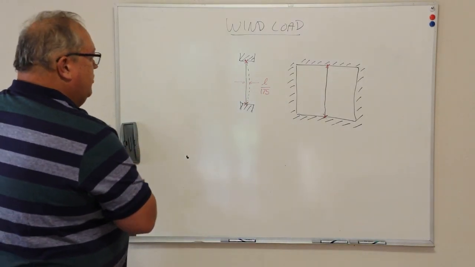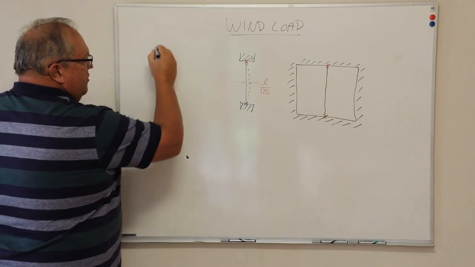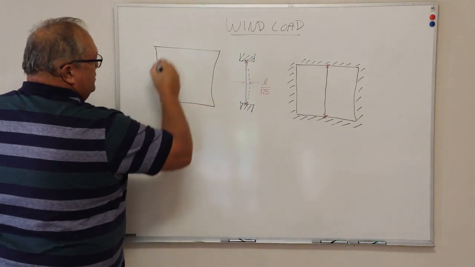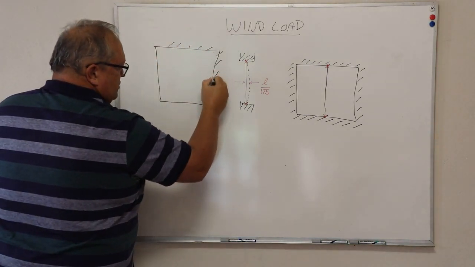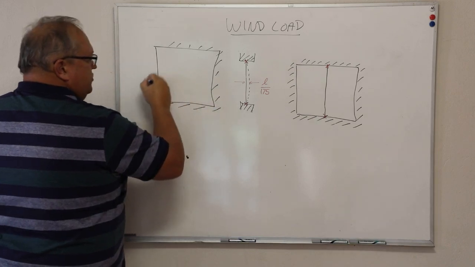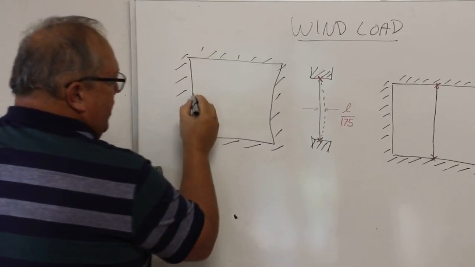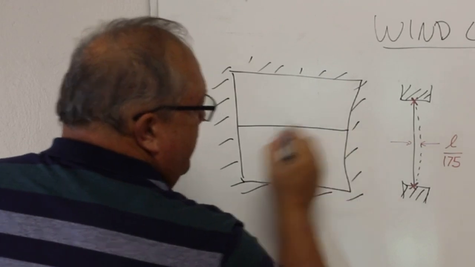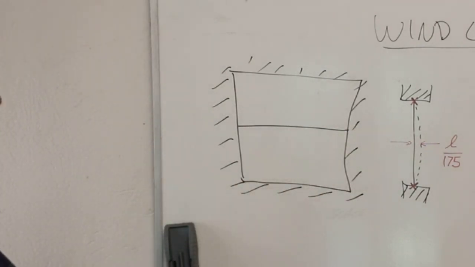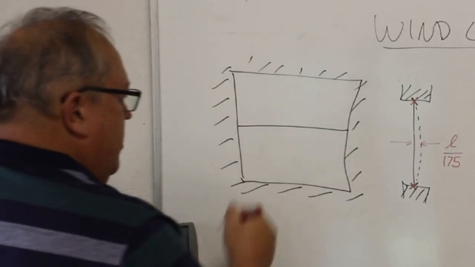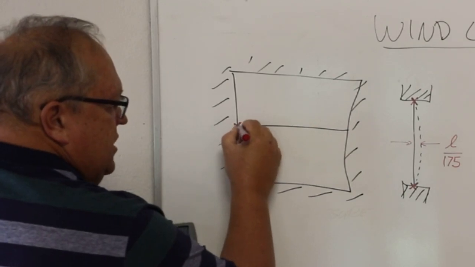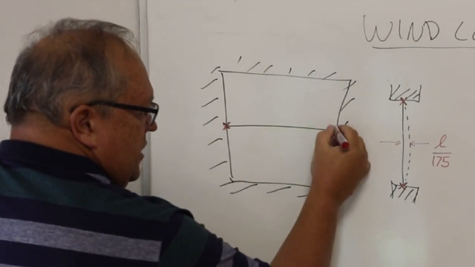So the exact same would apply. If I take a similar frame, and I assume my frame is fixed all the way around to the brickwork, so I don't need any structural strength on my frame, and I now have a transom in that frame. That transom is only fixed at that point and at that point.